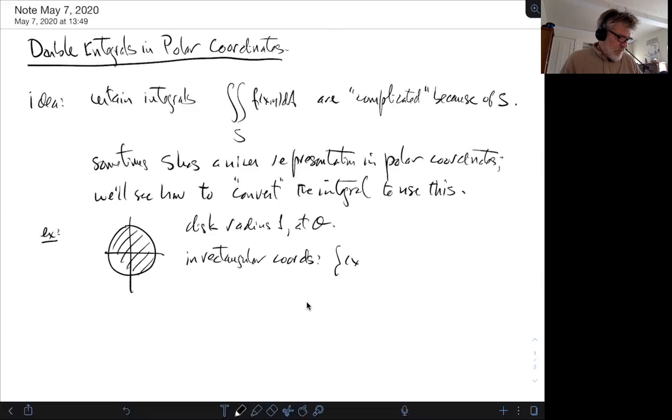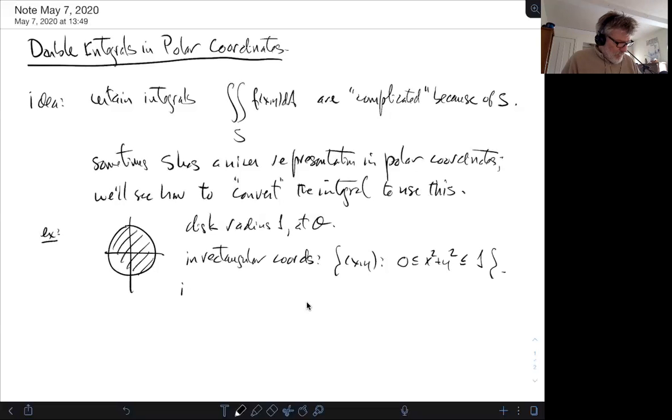This is the set of all xy such that the distance from the origin is at most 1. So x squared plus y squared between 0 and 1. Which is not so bad, but okay.